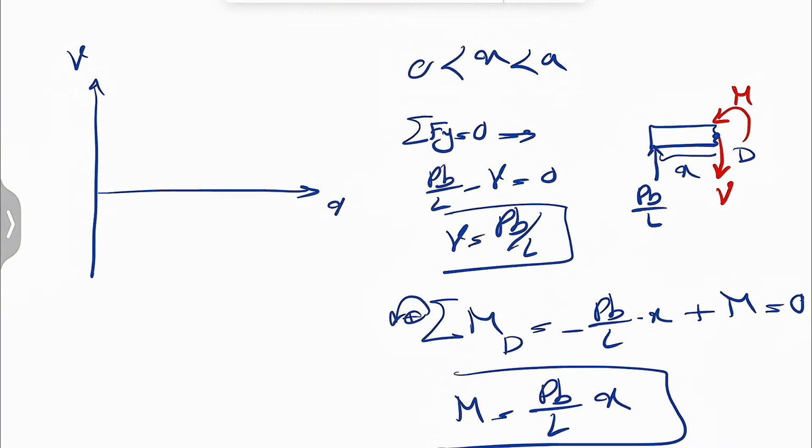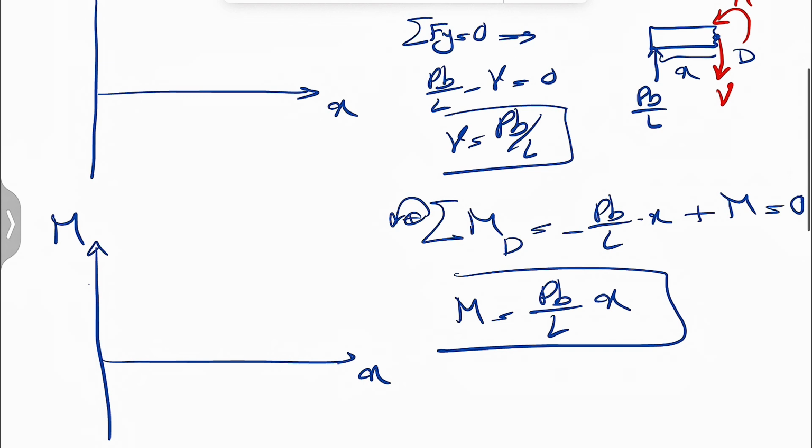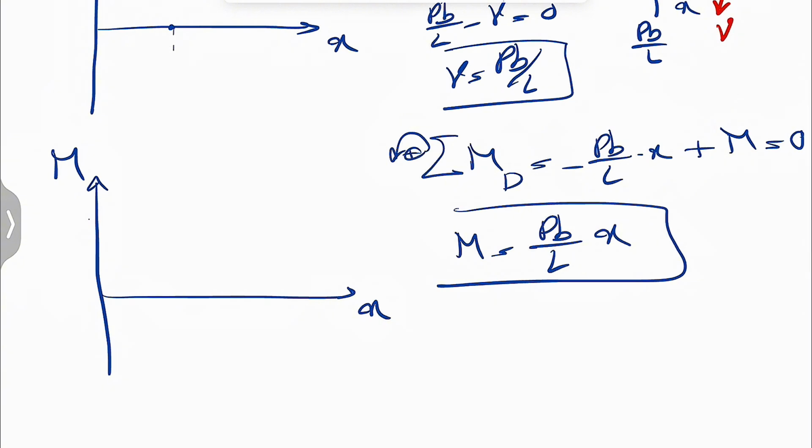So now we can draw the shear and bending moment based on distance x, and our x would be from 0 to L. So far we are from x equals 0 to a, that's our range. Let's just show this in both. This is our distance a.